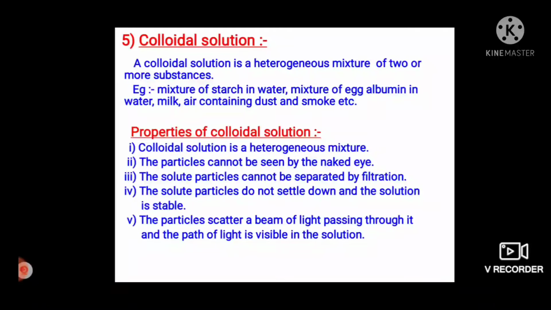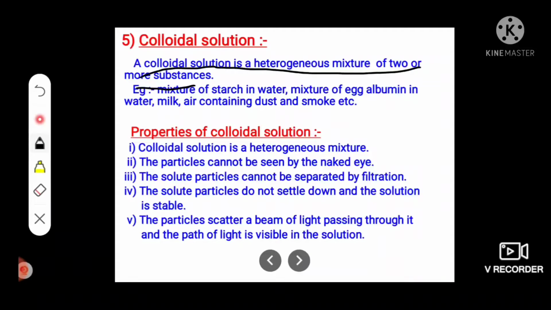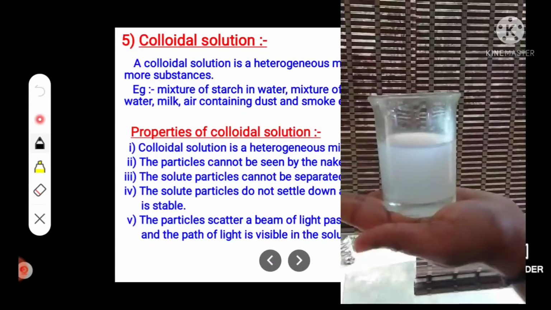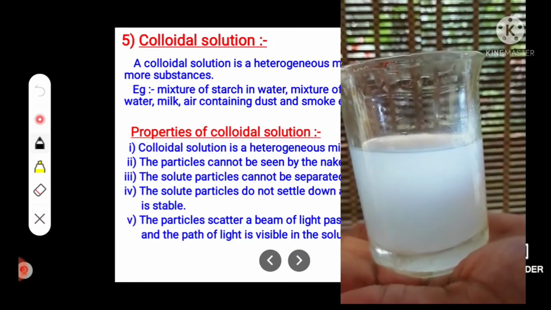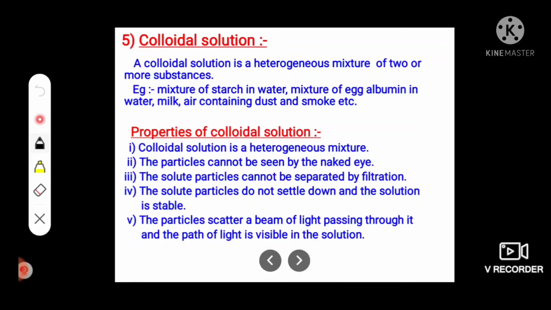Or a colloidal solution is a heterogeneous mixture of two or more substances. Examples are a mixture of starch in water, egg albumin in water, milk in water, air containing dust and smoke. These are examples of colloids.